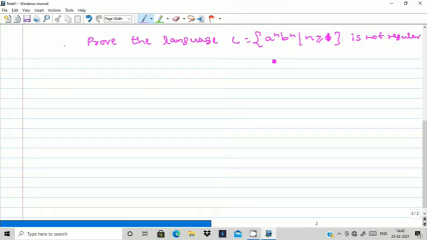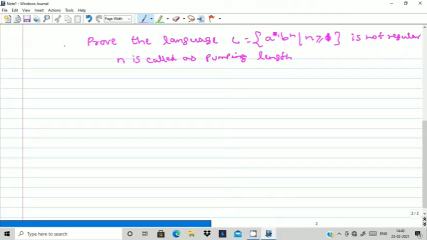The first step is to take this n value, which is called the pumping length here. So n is called the pumping length.